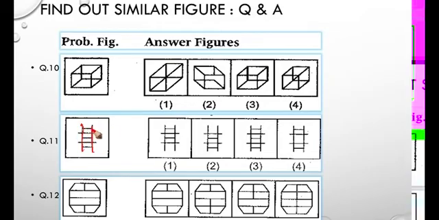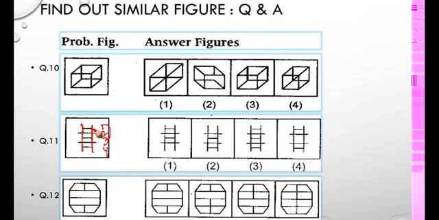Let's check the first line. The first line exactly joins the two lines, so that is one. Second line is a little bigger. Third line is exactly the same as the first one, and the fourth line is exactly the same as the second one.